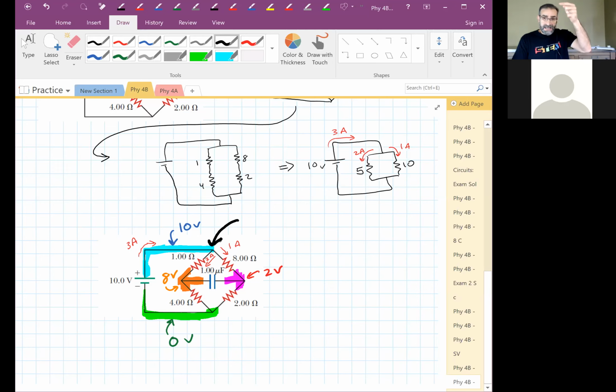So if you were at 10 and you go through that resistor, you have to be at 8. But if you took the other path, through the 8 ohm resistor, 8 times 1 amp is 8 volts. You have to drop by 8 volts when you come out the other side. You're going to be at 2. So our potential difference across the capacitor is the difference between 2 and 8, which is 6 volts.